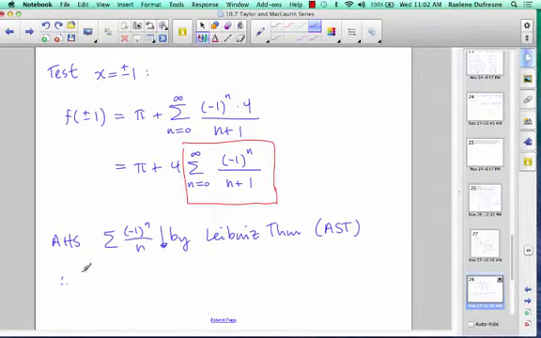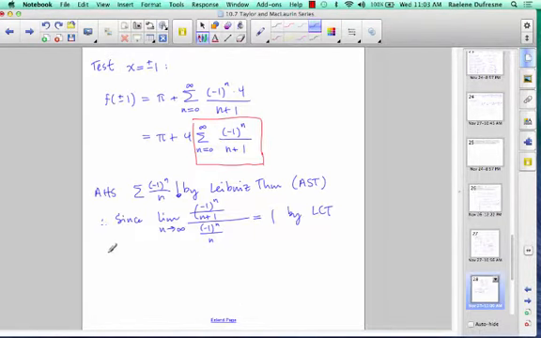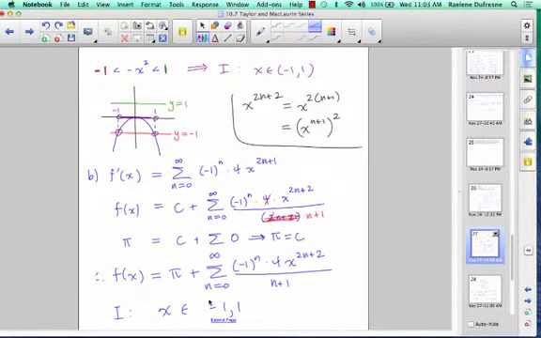And therefore, since the limit as n approaches infinity of our sequence term is equal to 1, by the limit comparison test, this series converges, therefore f of plus or minus 1 converges, which tells us that we include x equal to positive 1 or negative 1 in the interval of convergence.